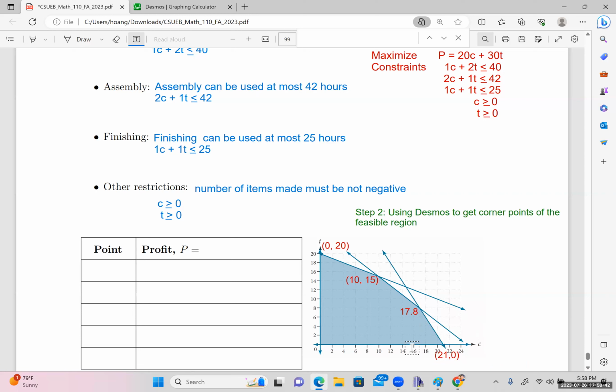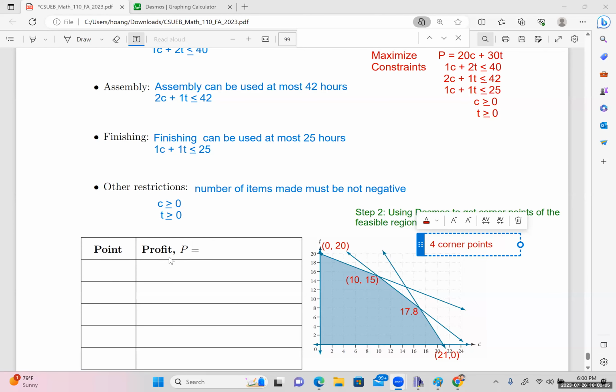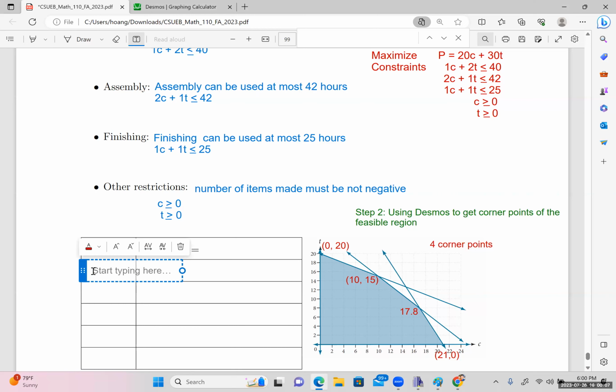So we have 4 corner points in total, right? The first one will be 0, 20. The second one is 10, 15.